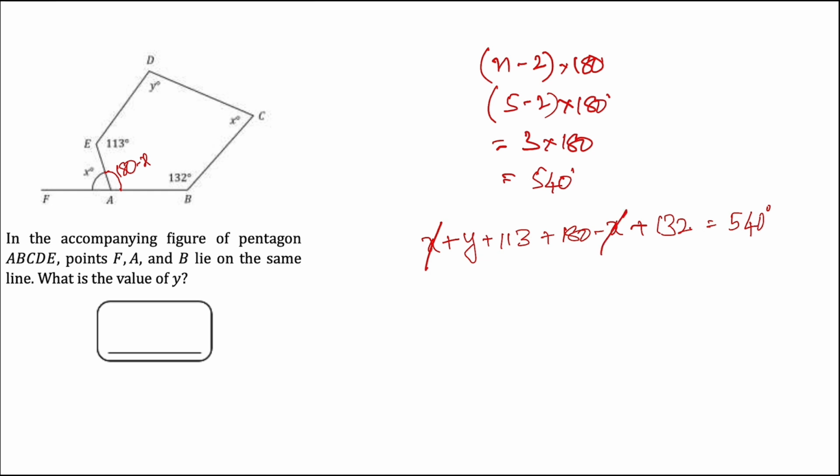So if you add 113, 180 and 132, that is 425 plus y.